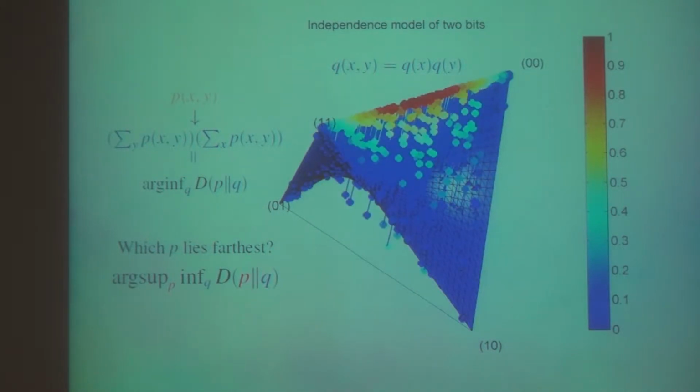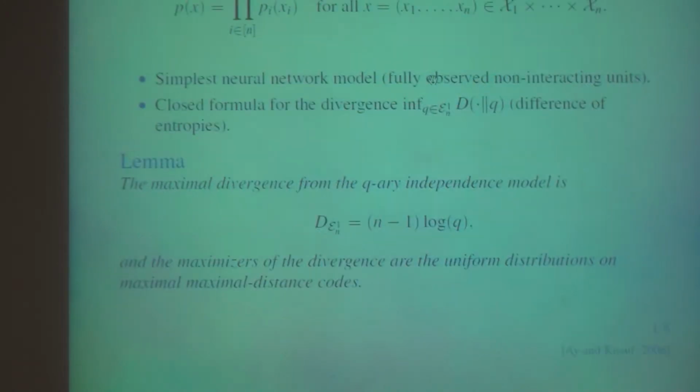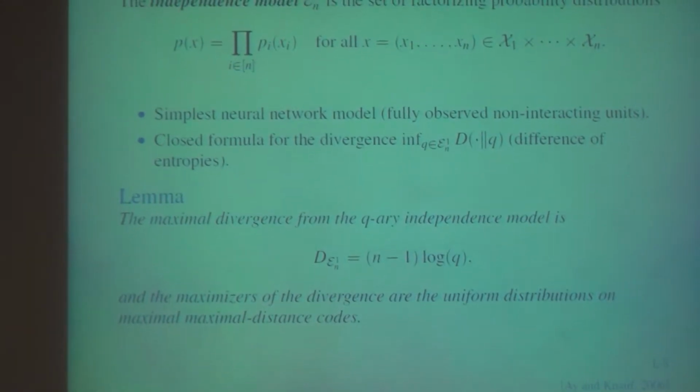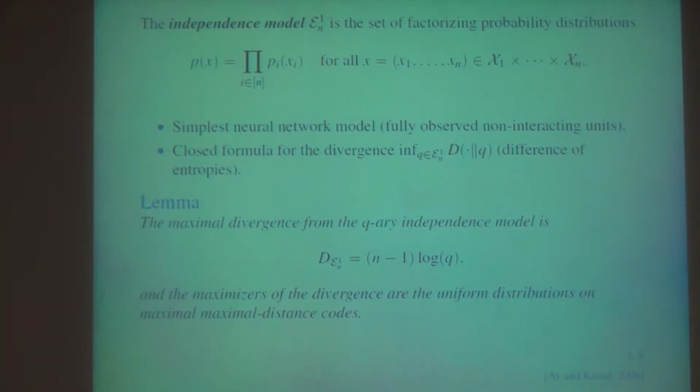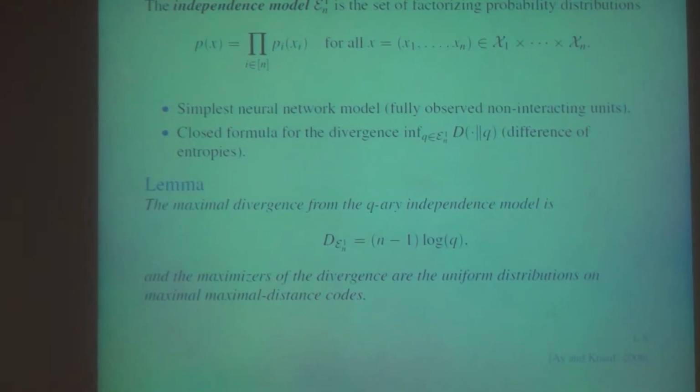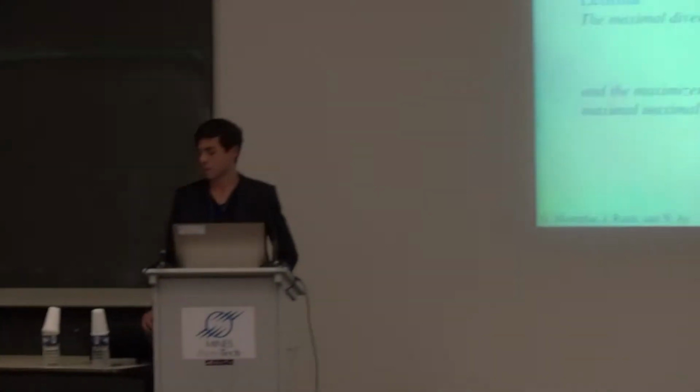In this small example, I can just do it numerically, and try to convince myself that these maximizers have a certain shape. And this has been treated theoretically also. So you can define an independence model just as a set of product functions that factorize on its arguments. You can think of this as the simplest neural network possible because it has units which are all observed and are all disconnected.